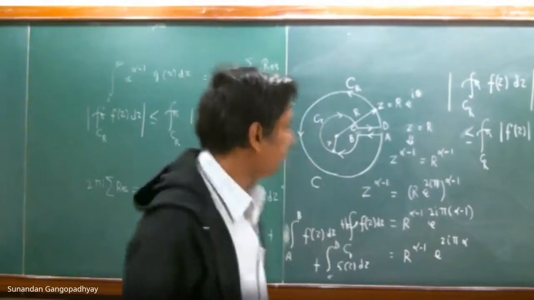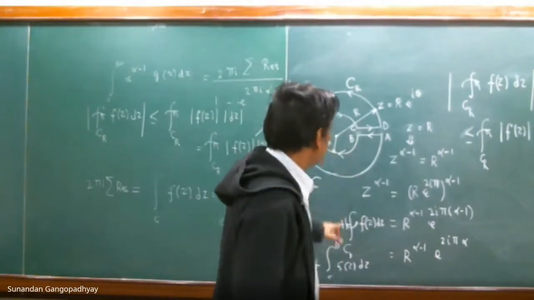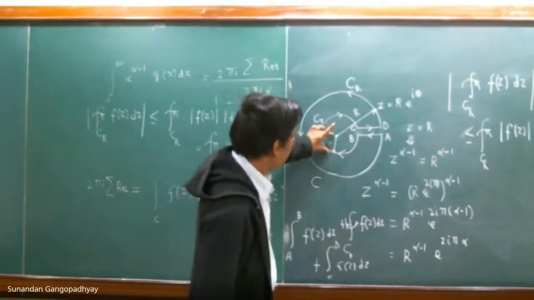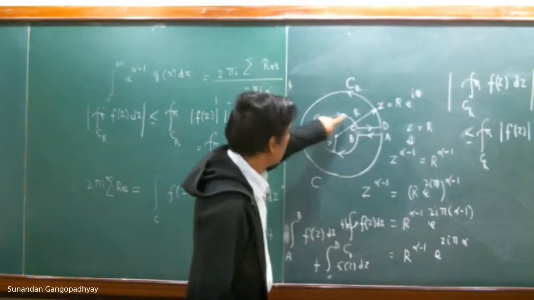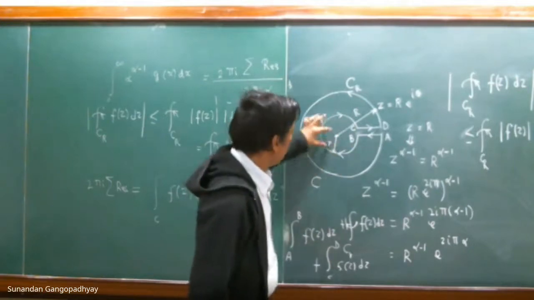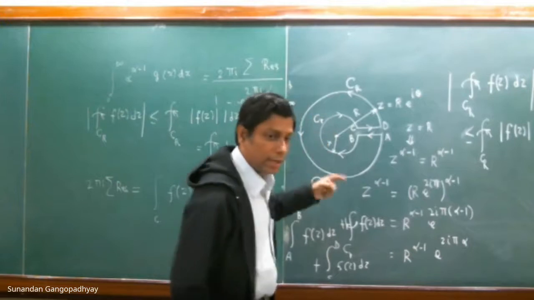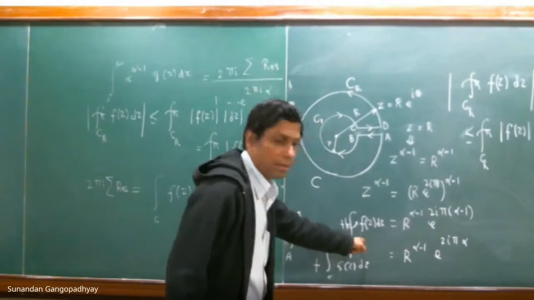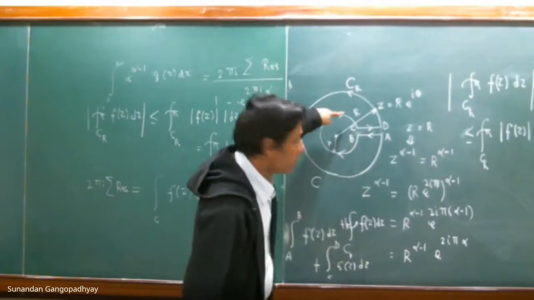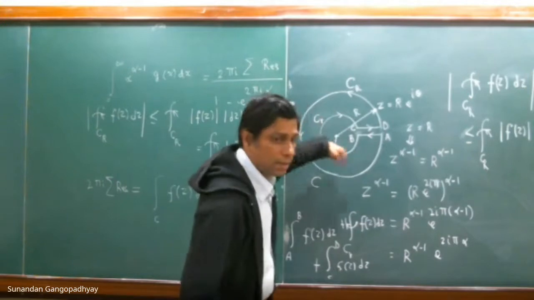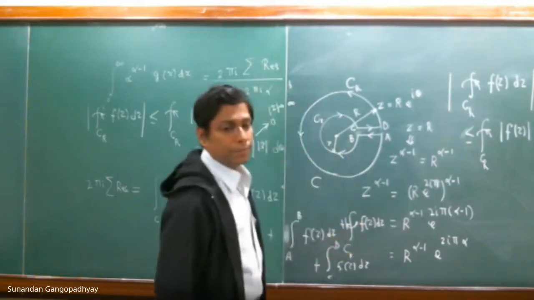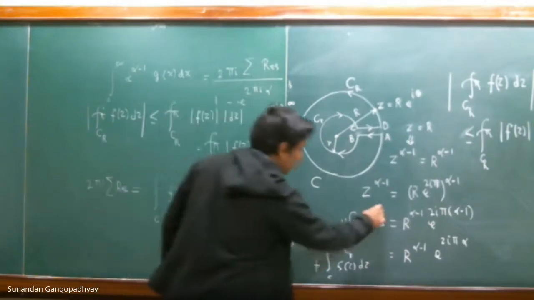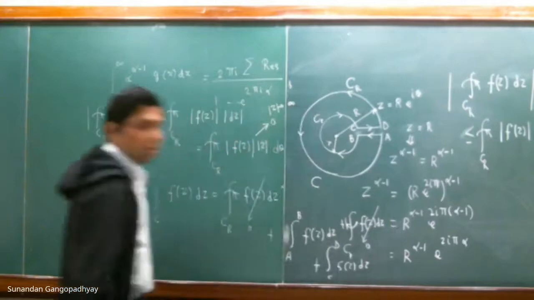And similarly, you can show that in the limit mod z going to 0, that is small r going to 0, for points on this circular contour, so for mod z equal to small r, the contour integral of f(z) on this smaller circle C small r will also be 0. So both these contributions are 0. So both of them are gone.